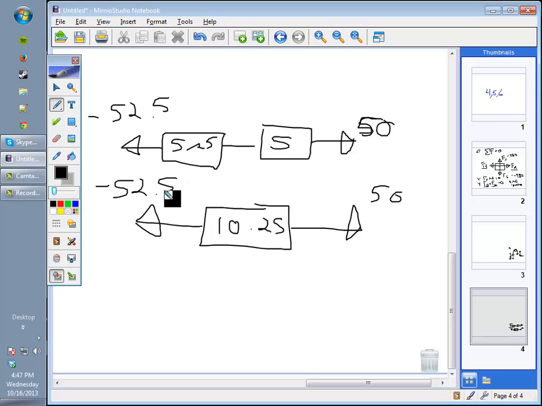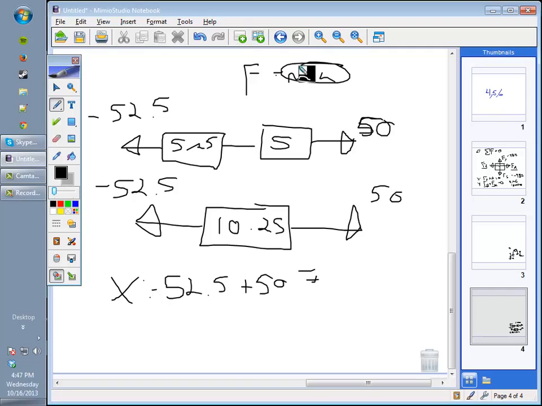Alright, so as always, I add up all the forces in each direction. I got 52.5 to the left plus 50 to the right is going to add up to my net force. And remember, net force we always plug into F equals ma. So I'm going to sub that in for my net force.